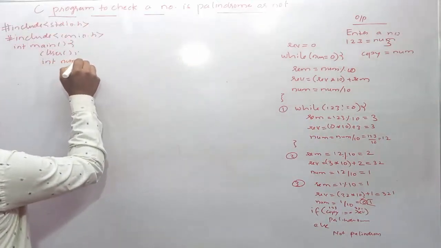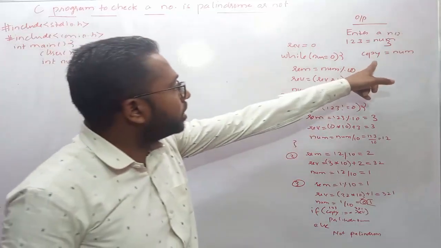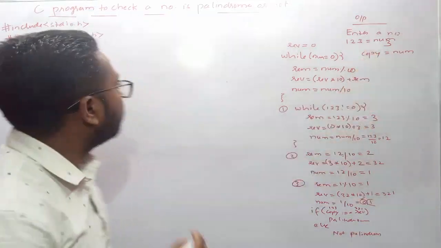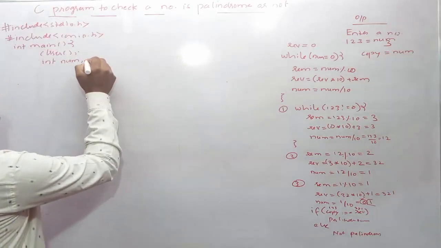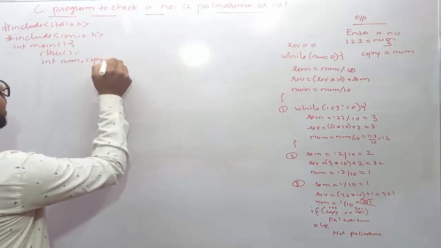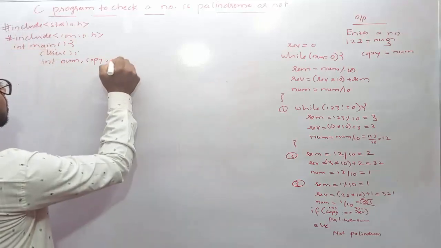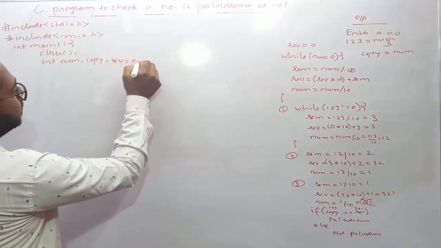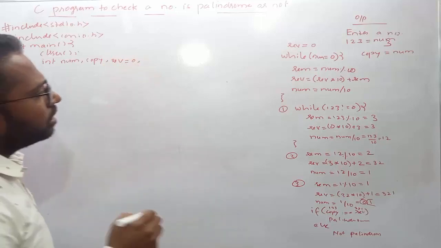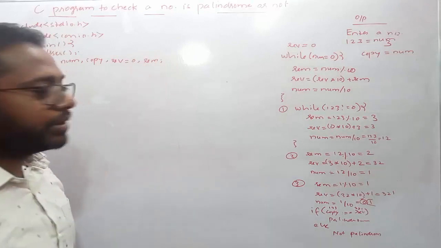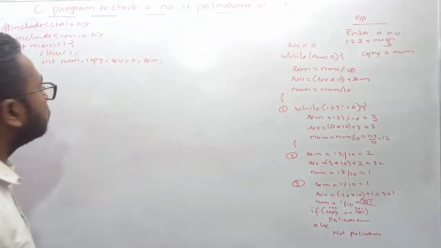Num is our first variable, and the second variable is the copy, because we will be having a copy of the number, so that we can later on use that copy variable to match with the reverse. Then we require reverse, and I will initialize a value 0. Then I want reminder. Yes, these are the variables which we require in this program.